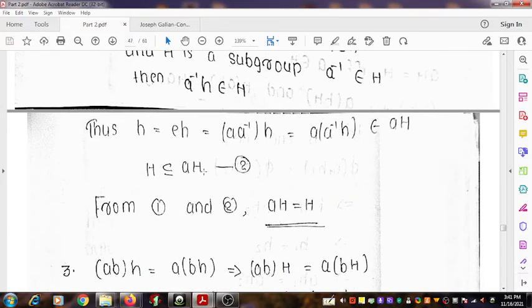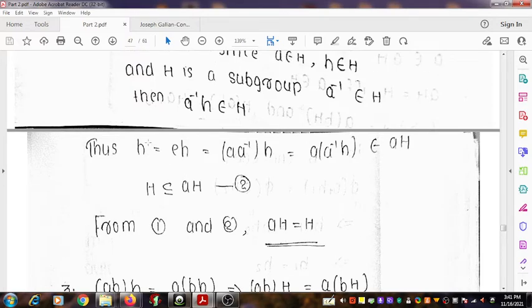And thus h is equal to E into h. We begin a new statement: h equals E into h, but E is equal to A into A inverse. You can replace E by A into A inverse, so h equals A into A inverse into h, and by applying associativity this is equal to A into (A inverse h).